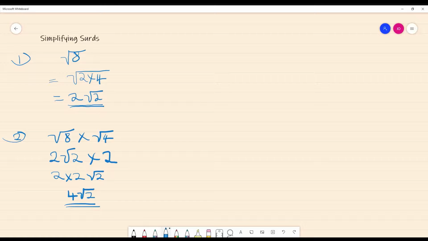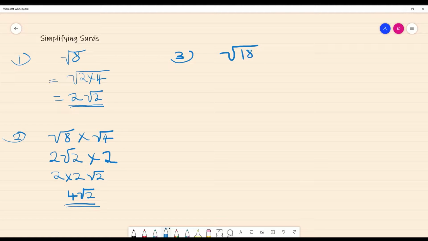So we're going to work more examples here. Example 3. Let's say we have root 18, and we're meant to simplify this.